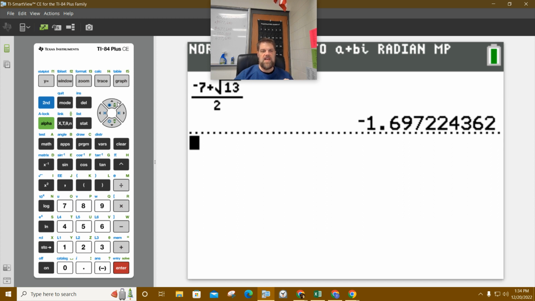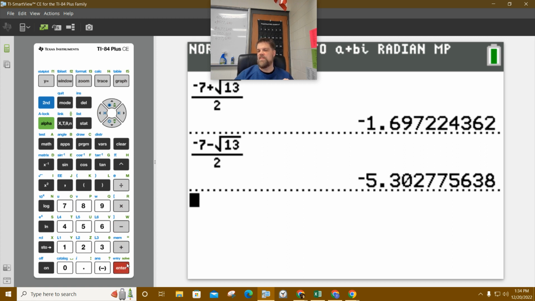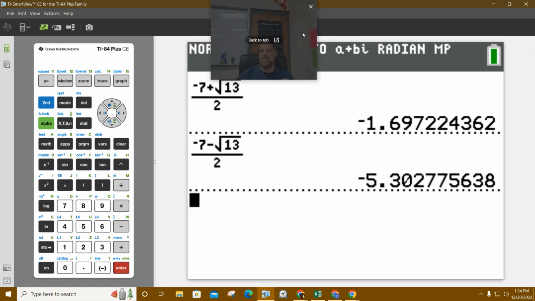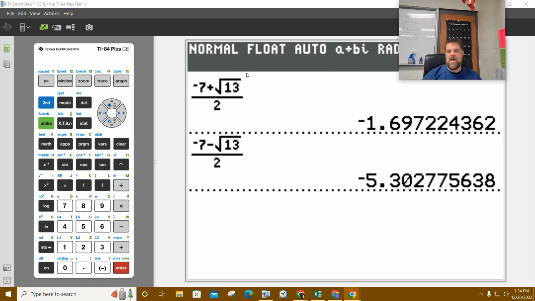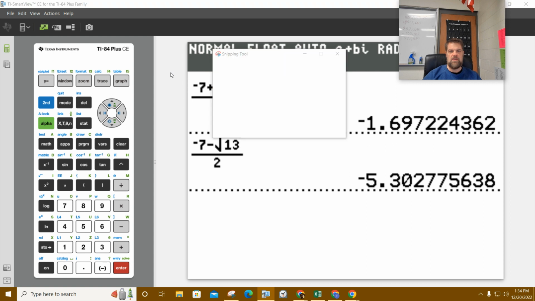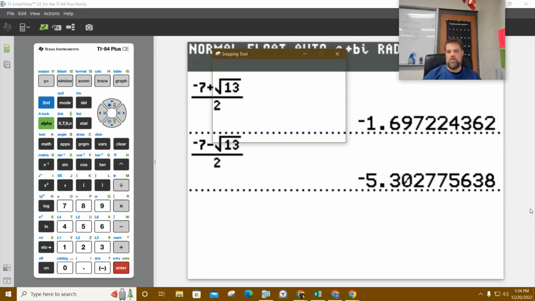If I repeat that and I edit it and have a subtraction in the middle, that gives me the other value. Does that make sense? So that's kind of a neat thing. That's what's nice about knowing how to use the calculator is that I can double check all the work.